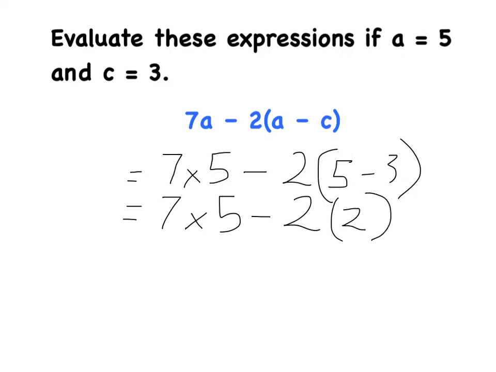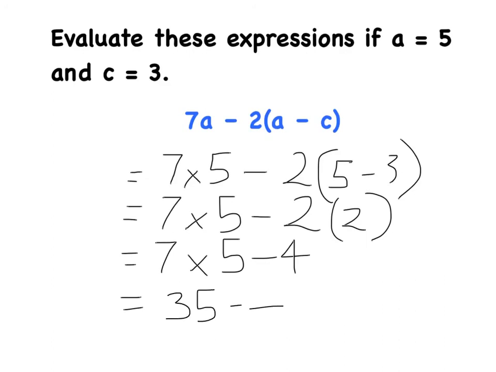Okay, then I perform the operations, working with the brackets. So it's 7 multiplied by 5, subtract 2 2s are 4. Then my next order becomes my multiplication. 7 5s are 35. Subtract 4. Okay, then my answer becomes 35 subtract 4, 31.